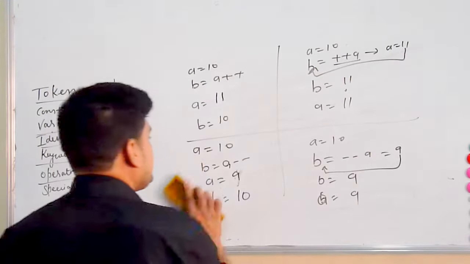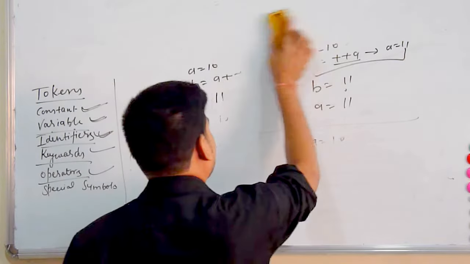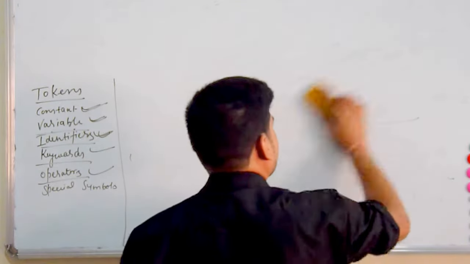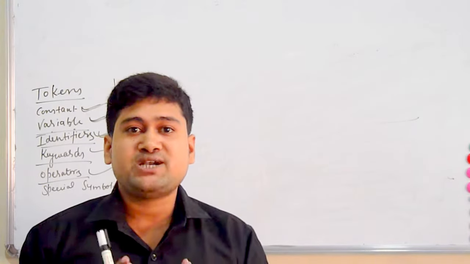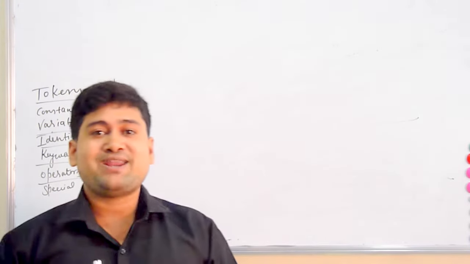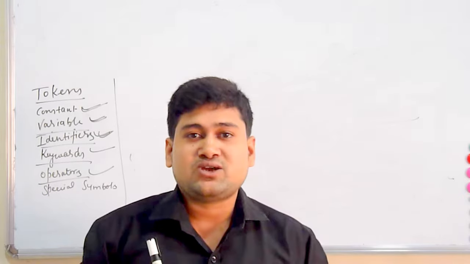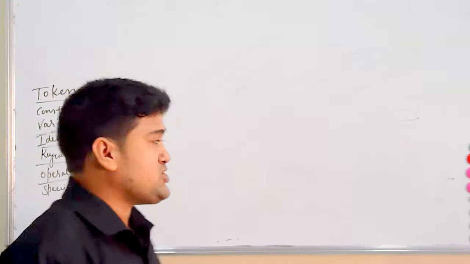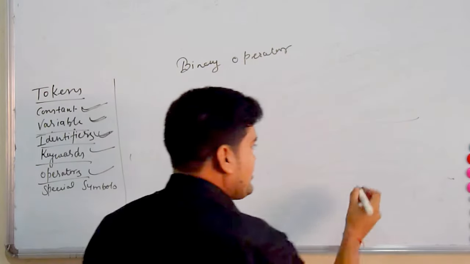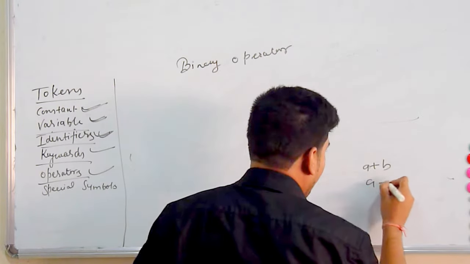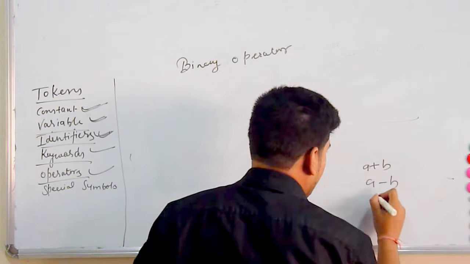Now we are going to discuss the binary operators. We have already discussed the unary operator. A unary operator means one which requires only one operand for the calculation. But what are the binary operators? A binary operator means one which requires at least two operands for the calculation. For example, we are writing here a plus b, a minus b, a less than b, a greater than b.